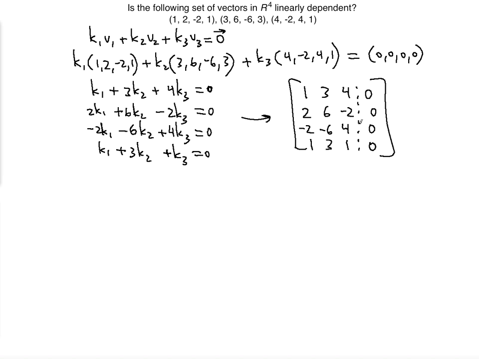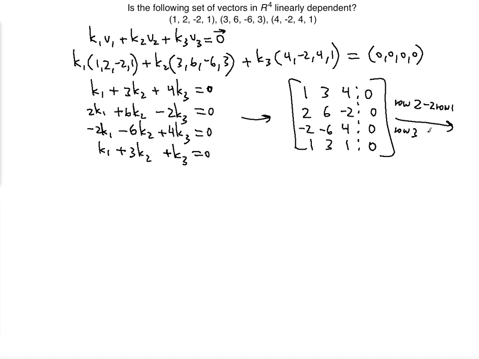Now we're going to use Gaussian elimination. We're going to have the leading one here and zeros there. So row 2 minus 2 times row 1, in order to have a 0 there.